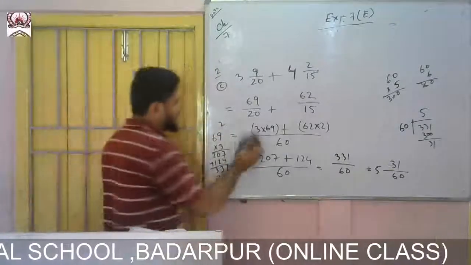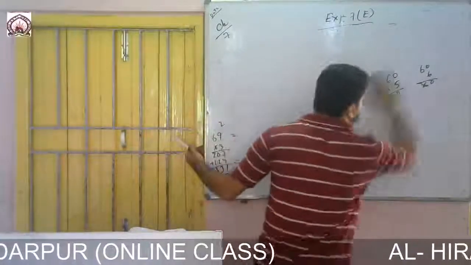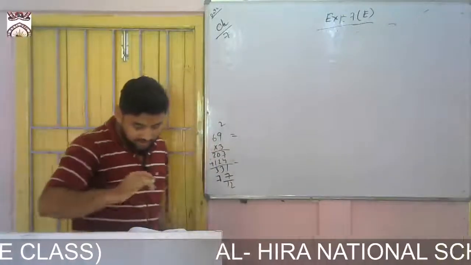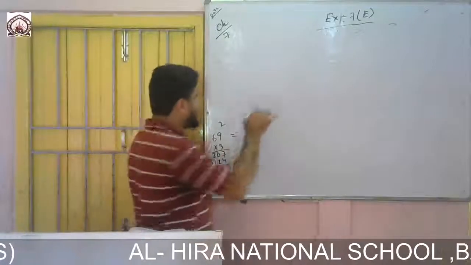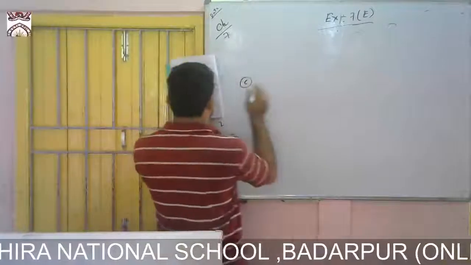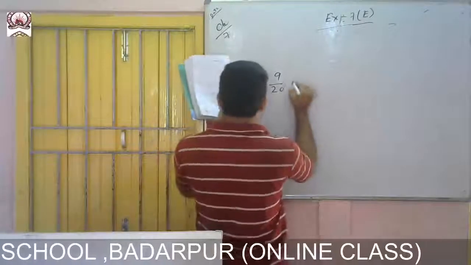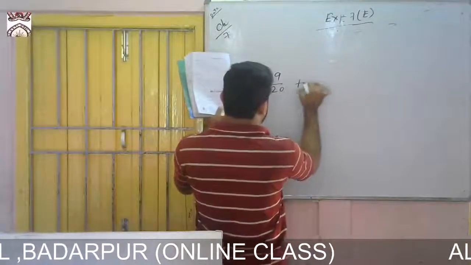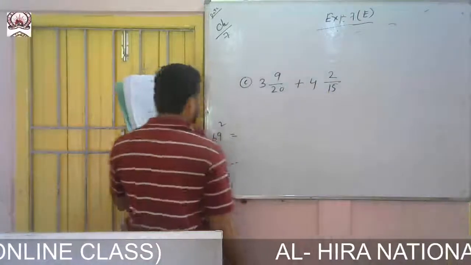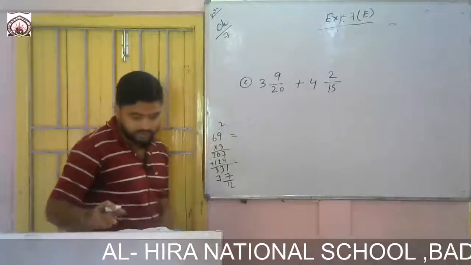Is there any mistake? Let me check. 3 9 by 20, question number C. Let me check again. 3 9 by 20, okay, then plus 4 2 by 15. Okay, 4 2 by 15.